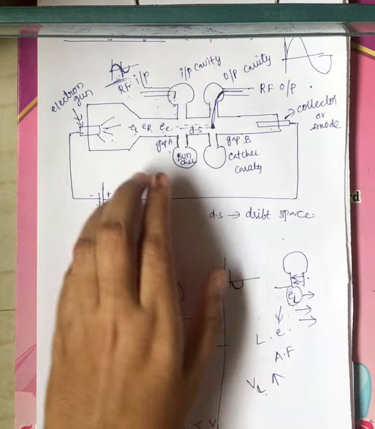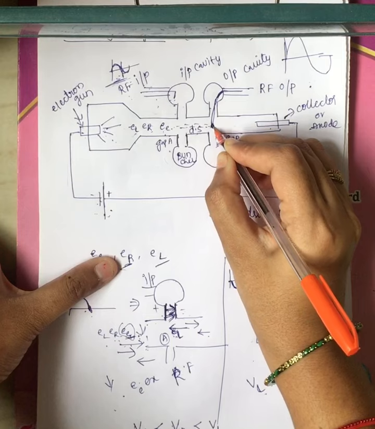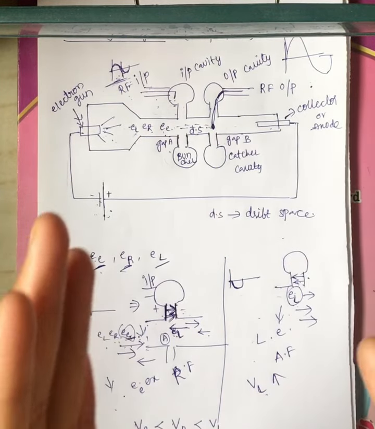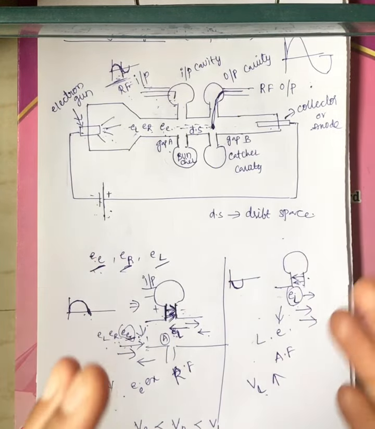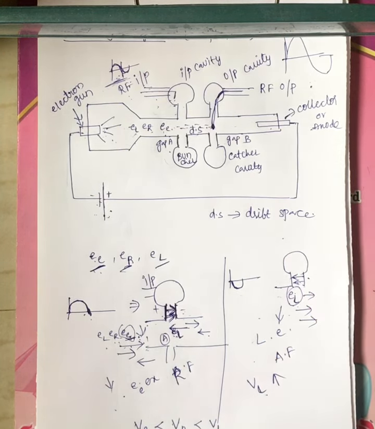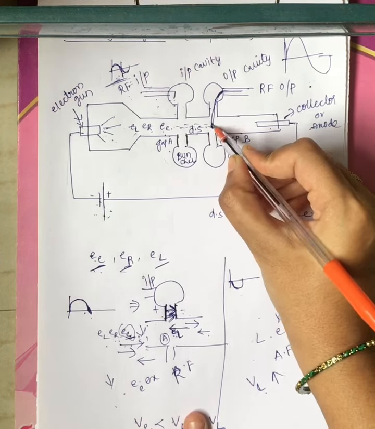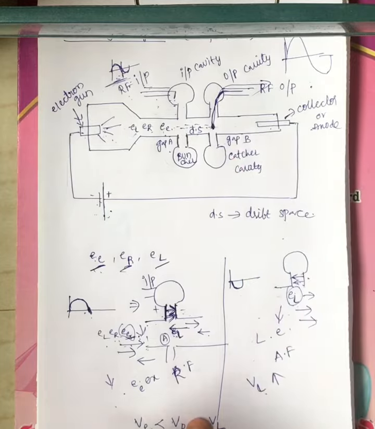Because of this variation in velocity, they travel along this tube and are collected as a bunch at gap B. All will reach gap B and form a bunch. Bunch means a group of electrons. That will result in amplification of the signal, collected at your RF output.